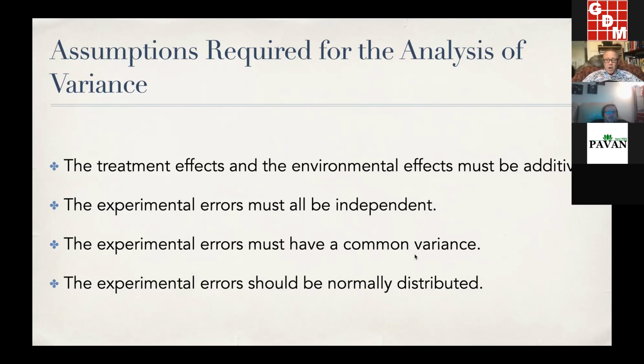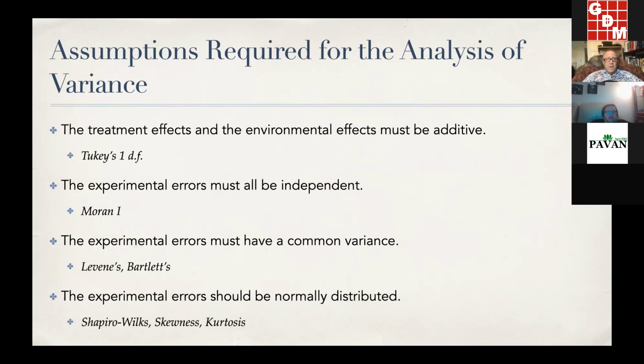The two that are probably most familiar to you is that experimental errors have a common variance and experimental errors should be normally distributed. Now, in ARM terms, the statistical test we use for this is Tukey's 1 degree of freedom test and Moran's I test, which we only see if we use the spatial option in the diagnostics dialogue.